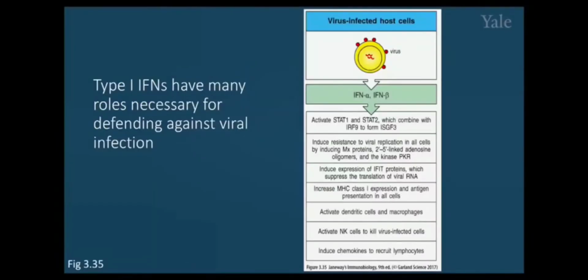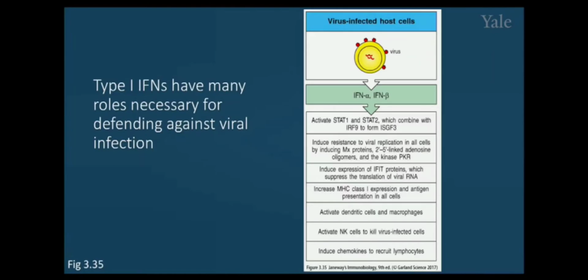ISGs also include IFIT proteins, which suppress the translation of viral RNA. ISGs can also result in the upregulation of MHC class I expression, which will increase antigen presentation on infected cells or cells that have the potential of being infected.